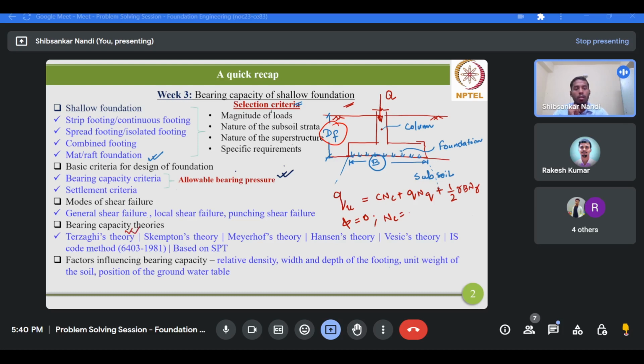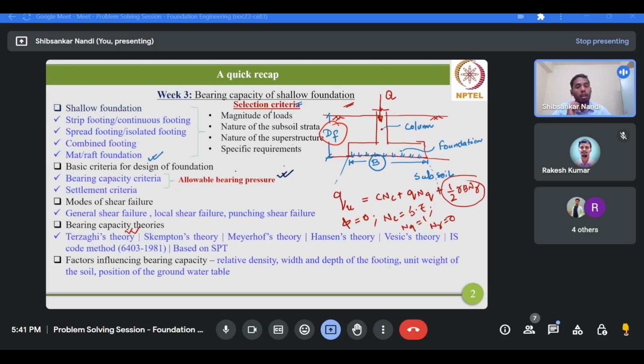Nc is 5.14 for Meyerhof's theory, and according to Terzaghi's theory it is 5.7, Nq is 1 and N gamma is 0. As you can see, this third term will vanish. That means if you increase the width, there will be no impact on its bearing capacity.